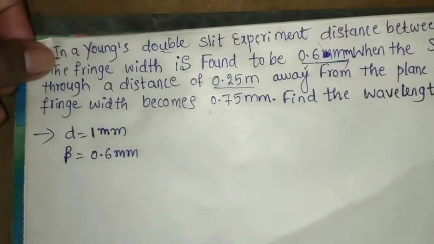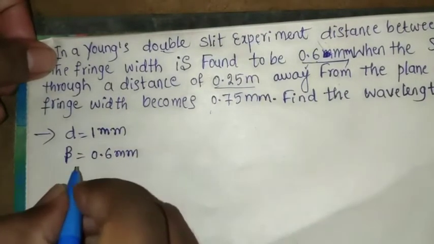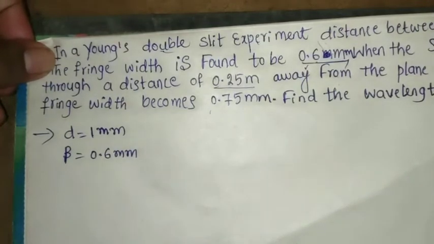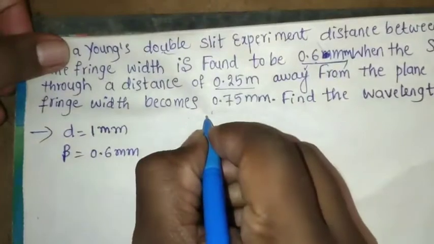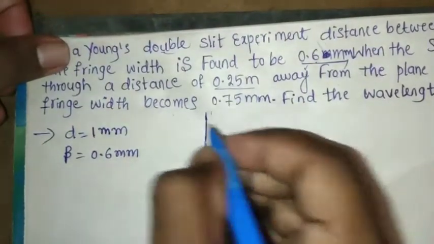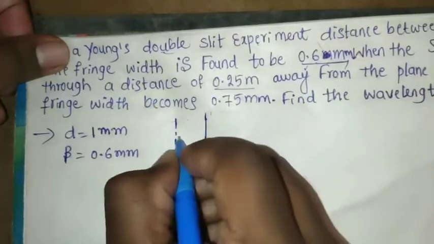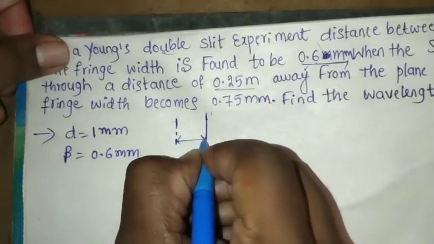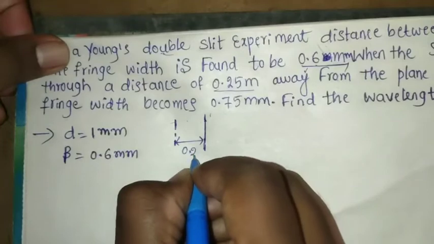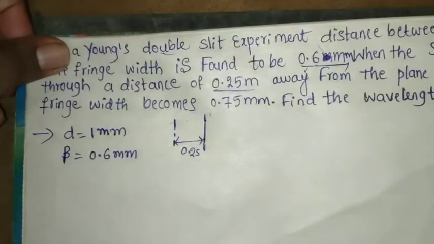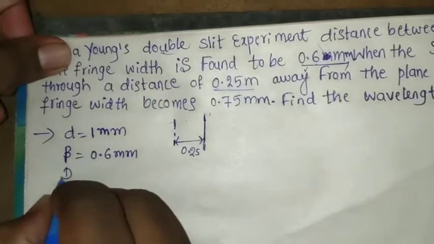Next, the screen is moved through a distance of 0.25 meter. See here, this is the screen and these are the slits.